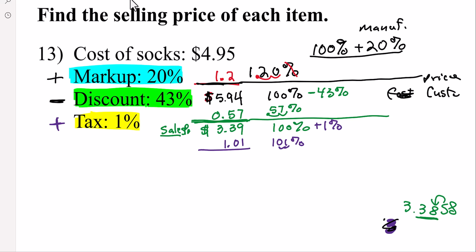So clear out your calculator, type $3.39 times 1.01, and that gives us 3.4239, but this too will not make that 4 round up, so it'll be $3.40. Remember, even though you just see 3.4, we have to go to the hundredths place. And this is now the total purchase price.